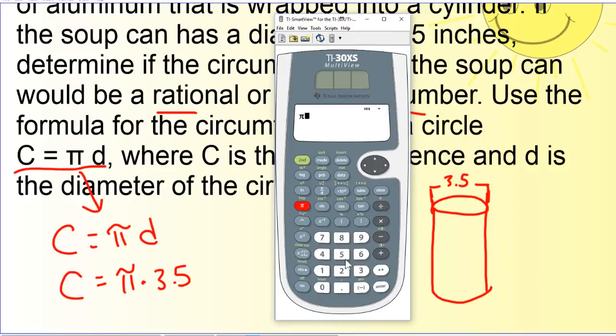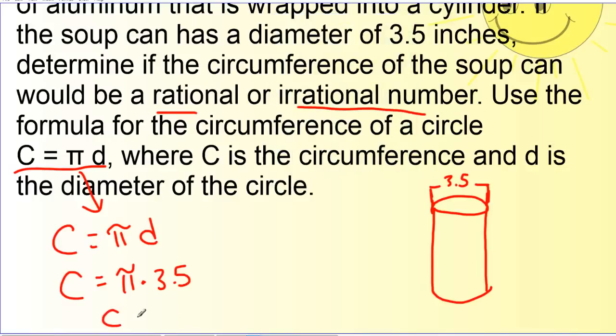If you hit the pi button times 3.5, we are going to get a big, ugly decimal. This does not stop and does not repeat. That means the circumference is irrational.